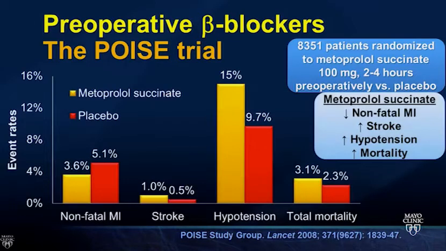And you can see here that yes, the patients who got beta blockers had a lower rate of perioperative myocardial infarction, but they had higher rates of stroke, higher rates of hypotension, and higher mortality rates. And all of these were statistically significant. P-values were less than 0.01 here, and the p-value was about 0.03 in the mortality outcome.